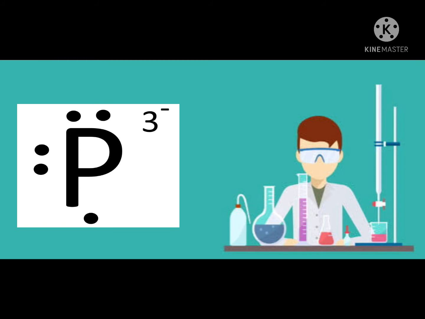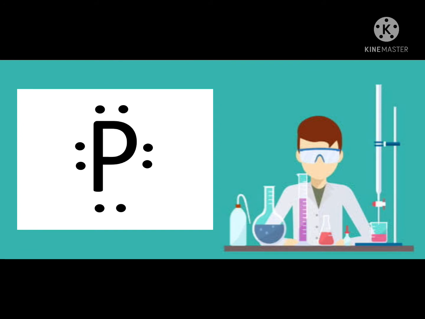And then, because we have the 3- ion, electrons are negative, so this means that we have 3 extra electrons. So, let's put those 3 electrons around the phosphorus. And when we do that, we have the phosphate ion with 8 valence electrons.